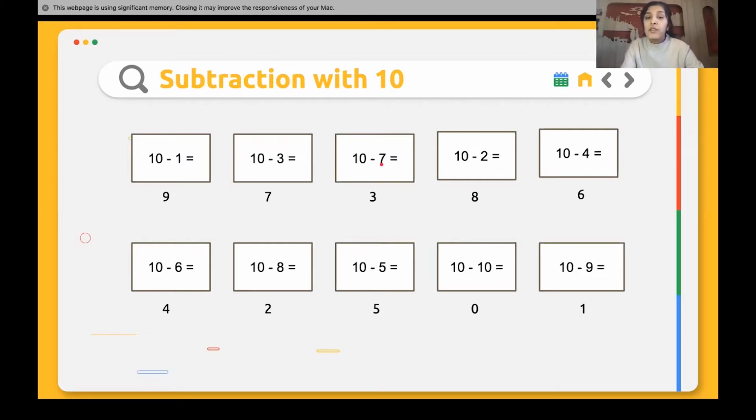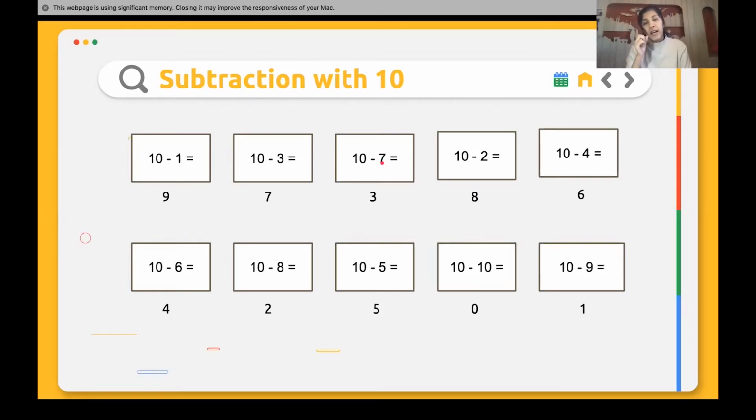So 7 and 3 are number bonds of 10. And if you look at the other cards, they have 10 minus 2 equals 8, and there's the 10 minus 8 equals 2. So 8 and 2 are also other number bonds of 10. Isn't that great? That's amazing, huh?